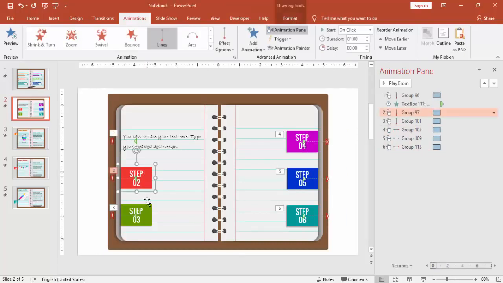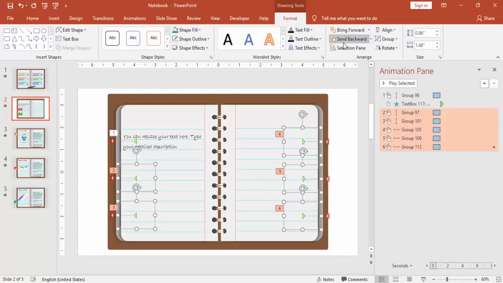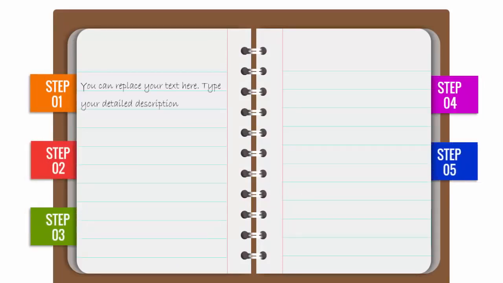Now I'm going to select these steps and going to send back behind the page. So if you see, step 1 will come, the text, then step 2, 3, 4, 5 and 6.